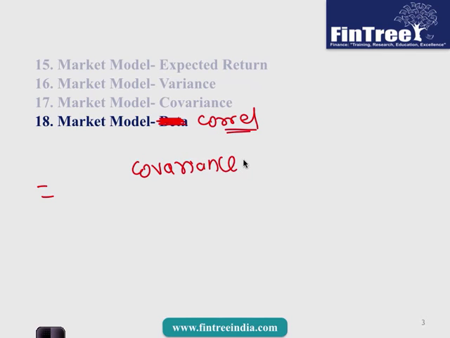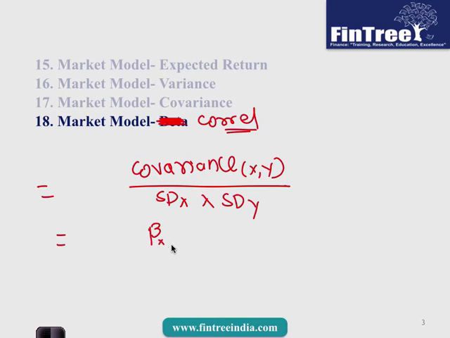Correlation is the covariance between security X and Y divided by the standard deviation of security X multiplied by the standard deviation of security Y. The formula for covariance would be beta of first security X multiplied with beta of second security Y multiplied with the variance of the market.